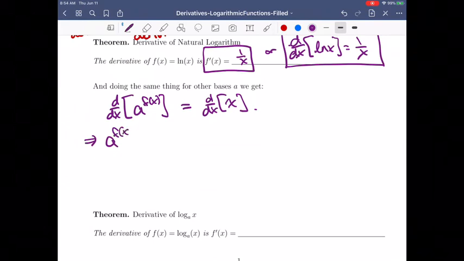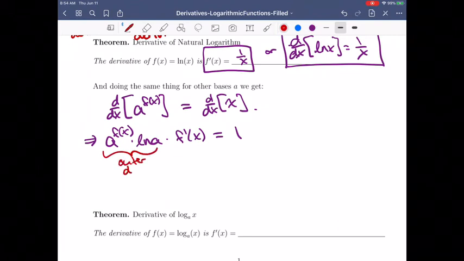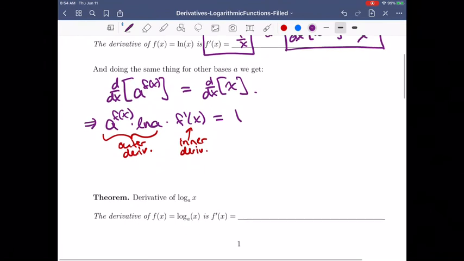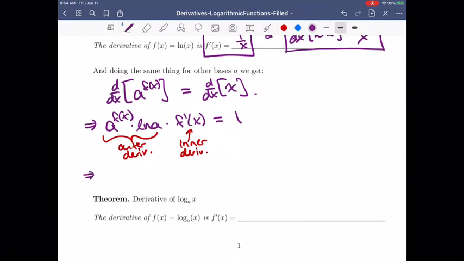It's the same, a to the box, but then we have this ln a as well. So this part is the outer derivative, and this part is still the inner derivative, because that's our exponent, that's our inside function.